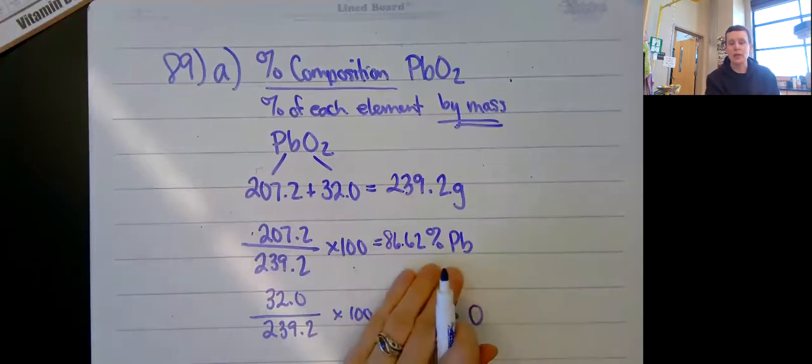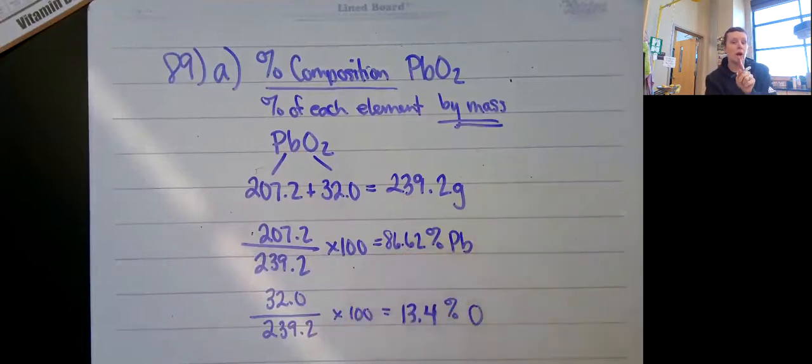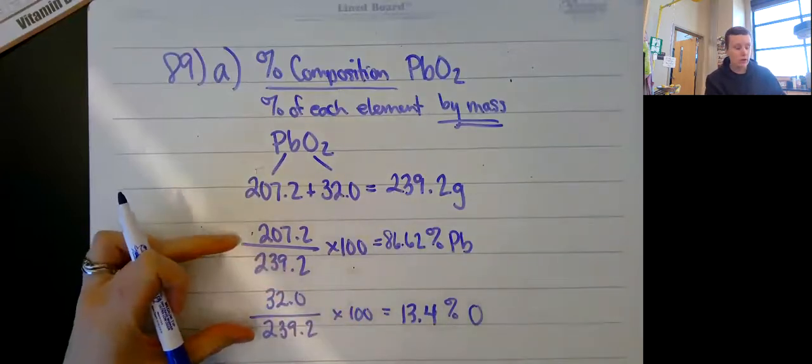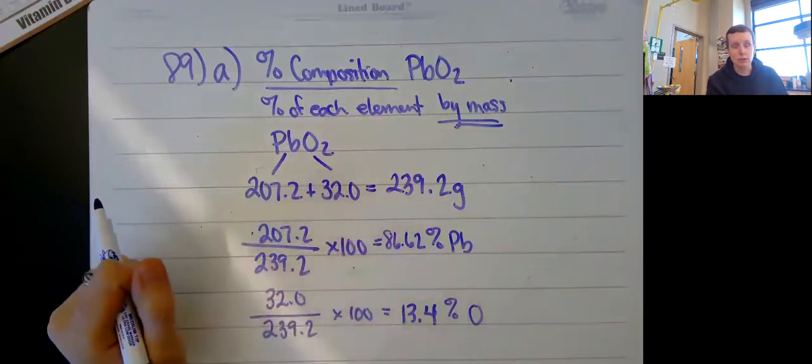Now, some of you might be like, well, I have an easier way. I could just find the percent lead and then do 100 minus 86.62 to figure out the percent oxygen. You're right, you could do that. As long as you show your work, I'm okay with it. But here's one problem with that method. If you mess up the first one, you also get the second one wrong. Whereas if you do it this way, you can answer check by adding your numbers together, and it should be really close to 100%.